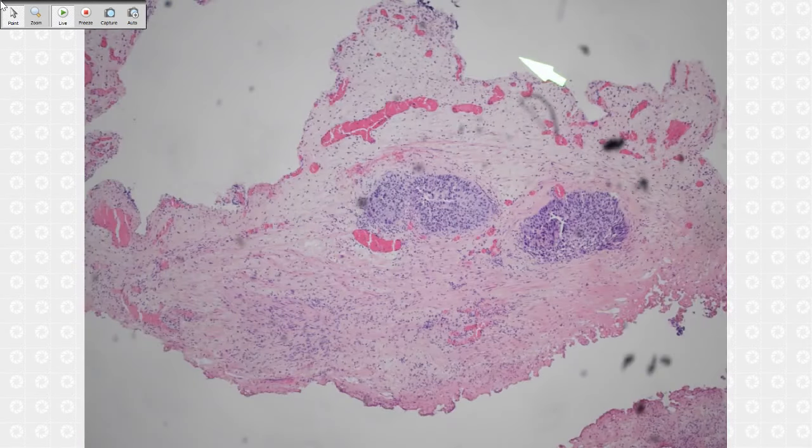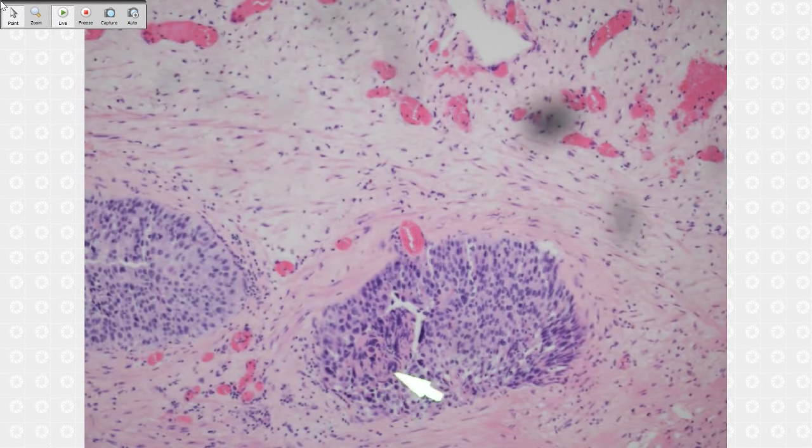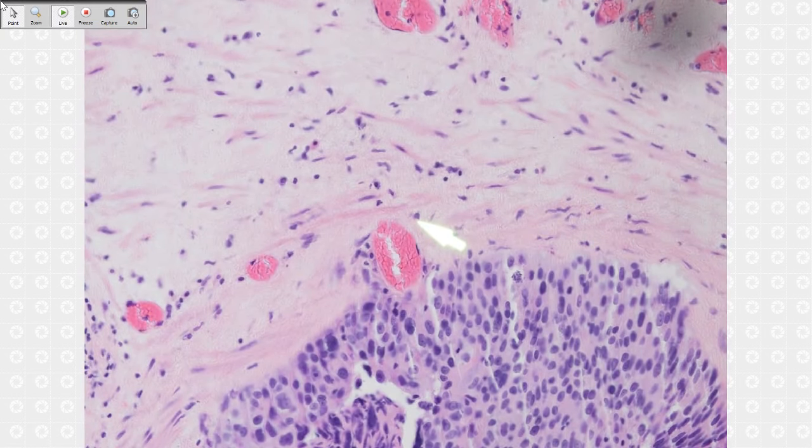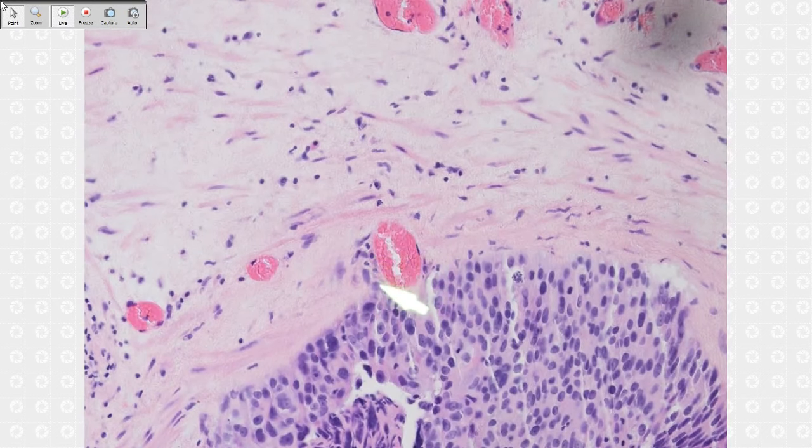The second nest, surrounding the blood vessel. I don't think those cells are going around it. Some tumors do show perivascular spread, but I don't think this is real. I still think it's not invasive.